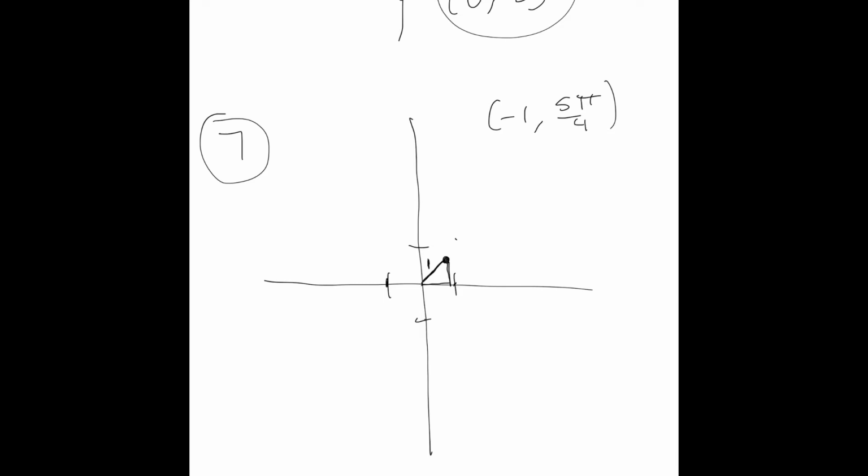And so on the unit circle, your coordinate is root 2 over 2 comma root 2 over 2. Anytime your radius is 1, that's going to be unit circle. And so that's my rectangular coordinate.